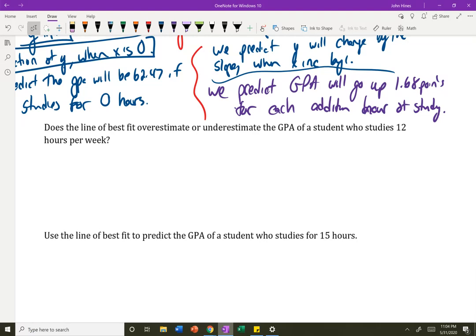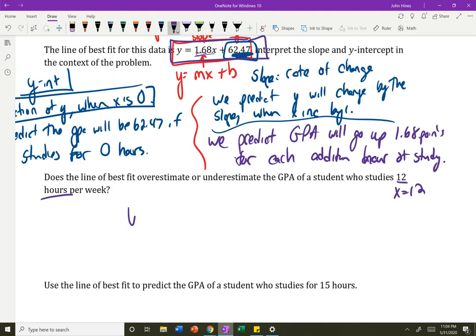Does the line of best fit overestimate or underestimate the GPA of a student who studies for 12 hours a week? So 12 hours is x equals 12. Let's plug that into our line. What does our line say my GPA is going to be?